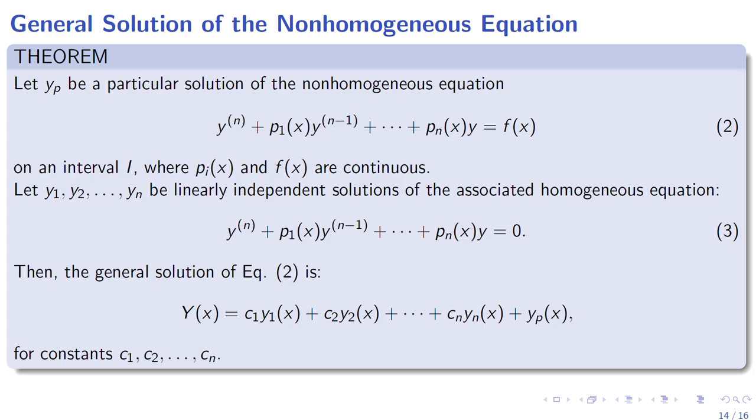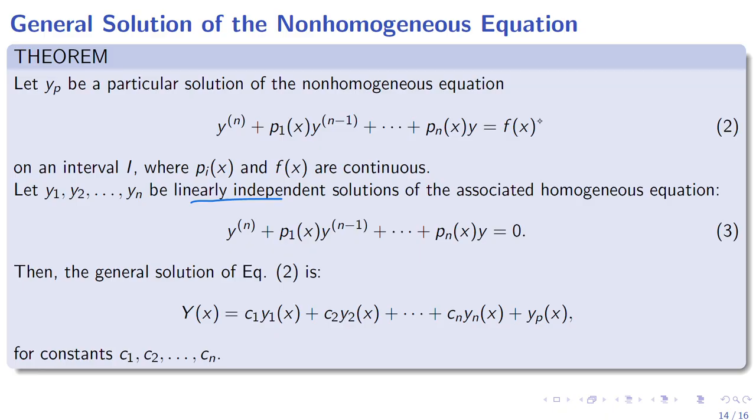Okay, so that's also the theorem here. Let yp be a particular solution of the non-homogeneous equation on an interval I, where pi and fi are continuous on that interval, and also let y1, y2, all the way up to yn be linearly independent solutions of the associated homogeneous equation, which is this.